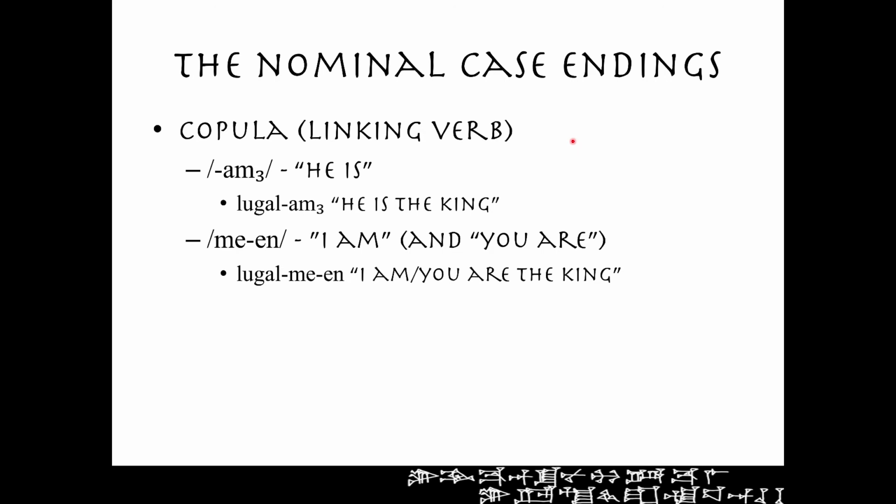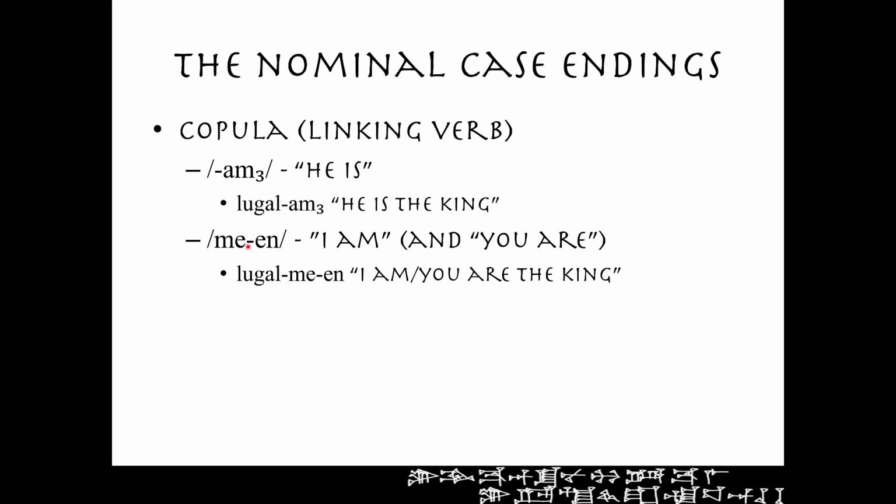The copula is also attached to nouns or noun phrases, and it's basically the linking verb, to be. He is would be am 3. So if you put am3 on the end of a noun or a noun phrase, you would say he or it is. So for example, Lugal am3, he is the king. If this were etu, you would say it is the house.